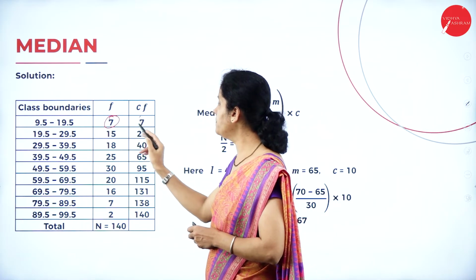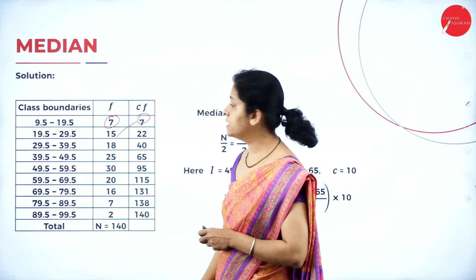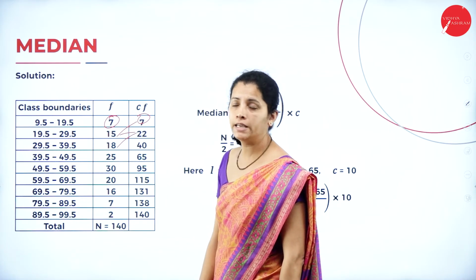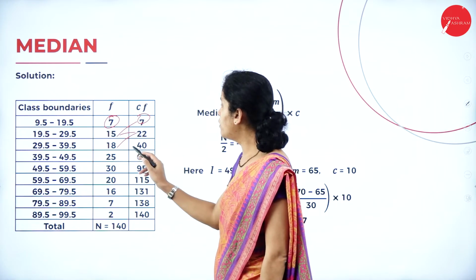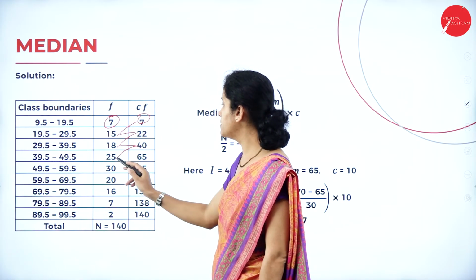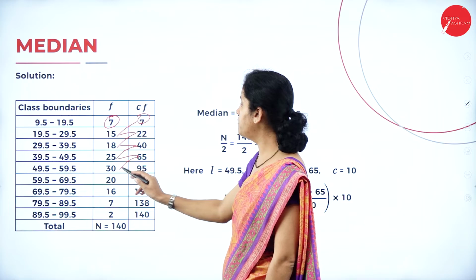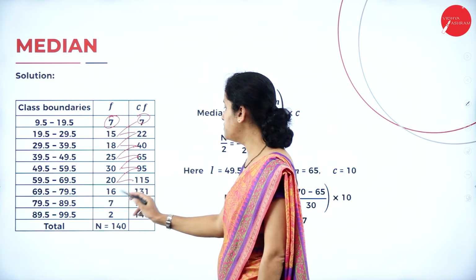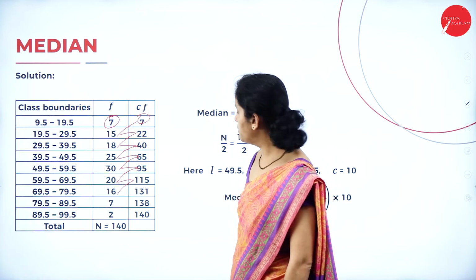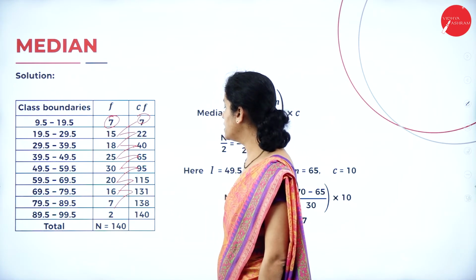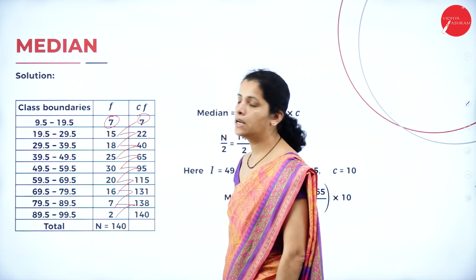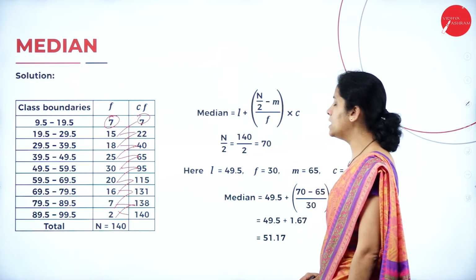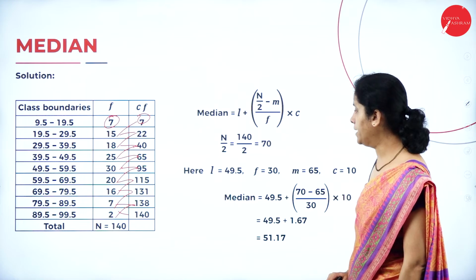So 7 plus 15, it is 22. 22 plus 18, it is 40. 40 plus 25, 65. 65 plus 30, 95. 95 plus 20, 115. 115 plus 16, it is 131. 131 plus 7, it is 138. 138 plus 2, it is 140. So what is N? N is nothing but 140.